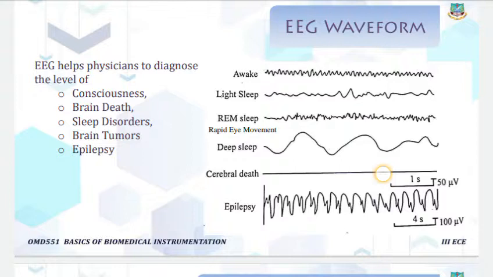Our heart and circulatory system function but the brain is not working. At that time this type of waveform occurs. And in epilepsy, this type of waveform occurs. These are the various types of brain waves during some diseases or conditions.